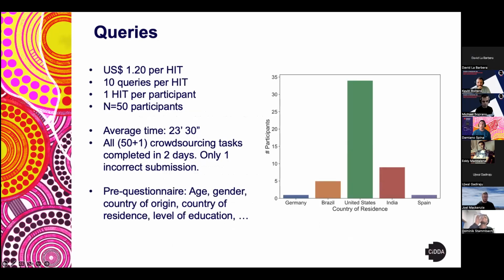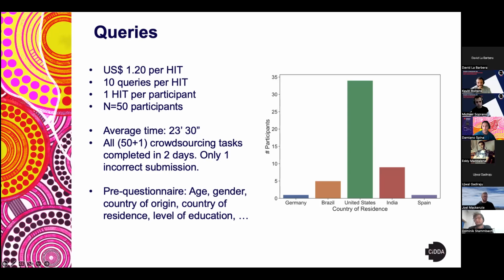So what we had was 10 queries per HIT. We ran a pilot, a preliminary study that I'm presenting today, with 50 participants. We only had one incorrect submission, so we accepted 50 out of 51.